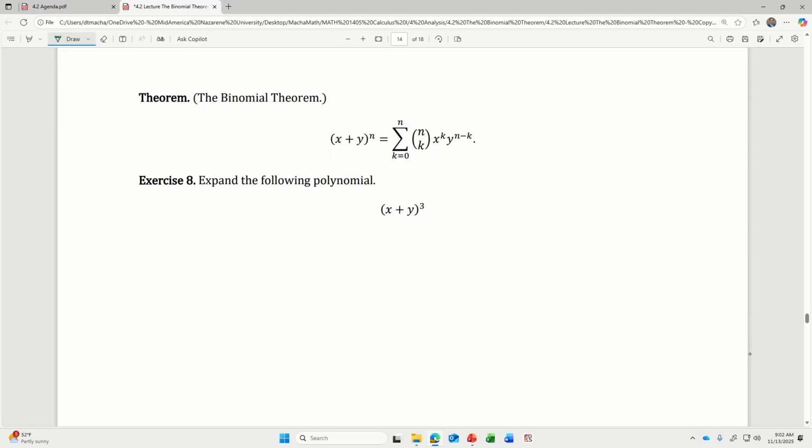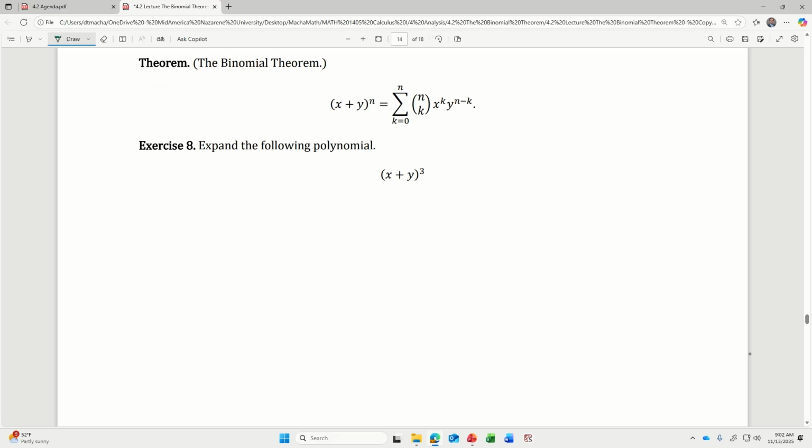So what I'm trying to build up to in this lecture, the title of your homework says the binomial theorem, is this. What I eventually want to explain to you is why does this formula have to be true?